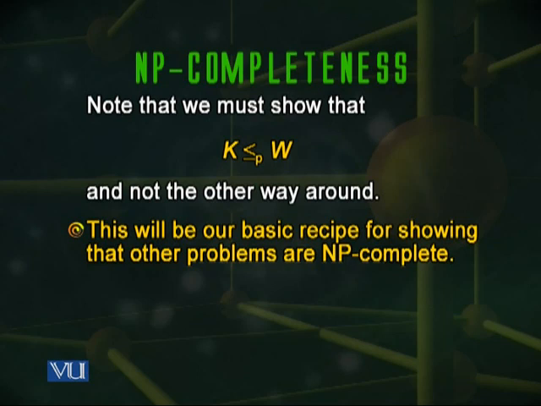To show that W is NP-complete, you must reduce a known NP-complete problem to it, not the other way around. W is polynomial time reducible to K is a triviality.